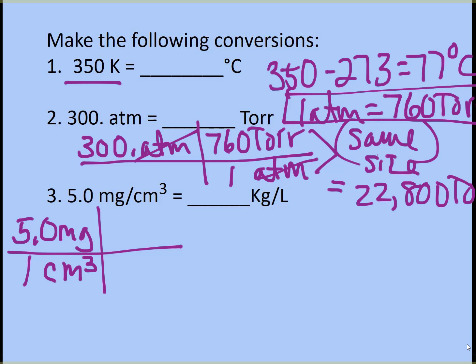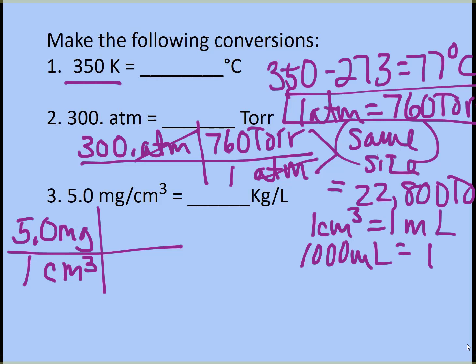To convert, it doesn't matter if I start with the milligrams or the cubic centimeters. But let's look and see what we need to do. We need to go from cubic centimeters, so 1 cubic centimeter I know is 1 milliliter. And I know that 1,000 milliliters is 1 liter.